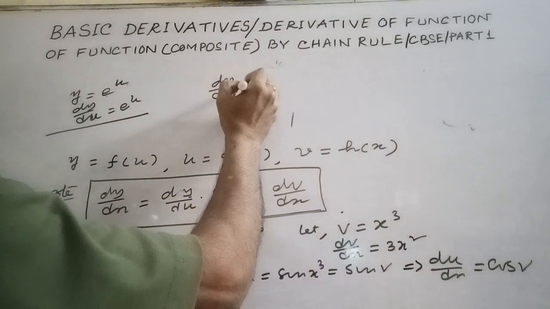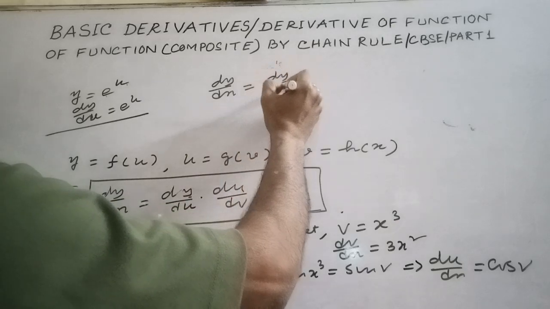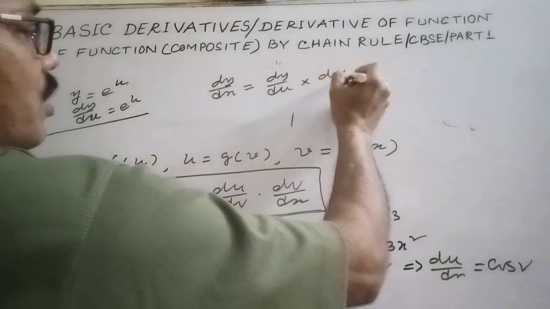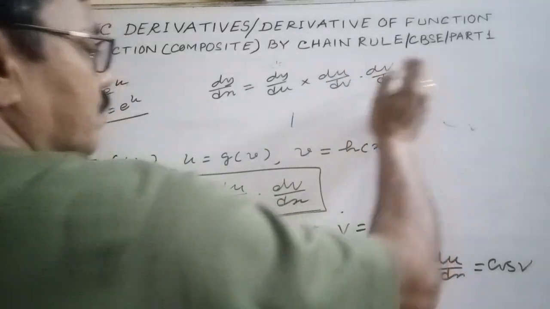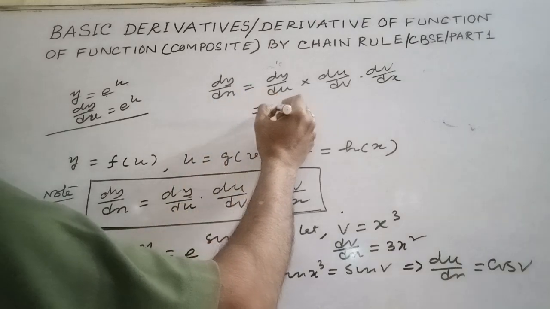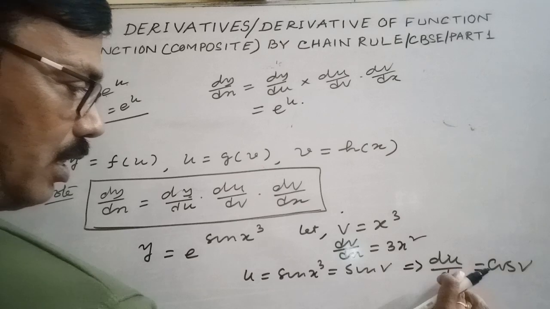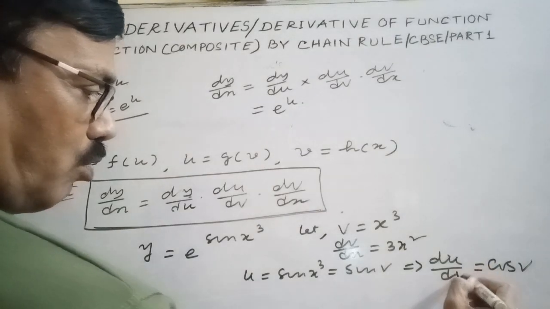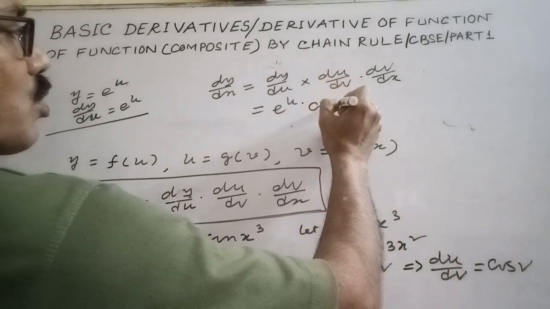Our main aim is to find dy/dx. So, dy/du into du/dv into dv/dx. dy/du is e to the power u. du/dv, derivative of sin v, is cos v.